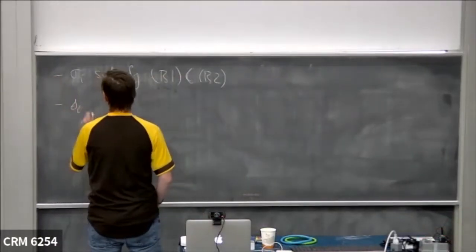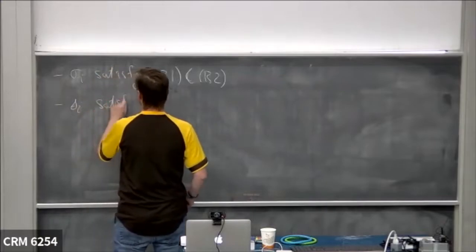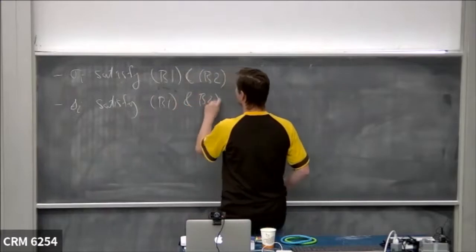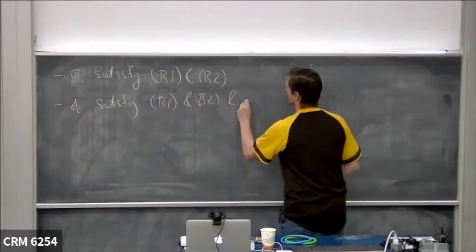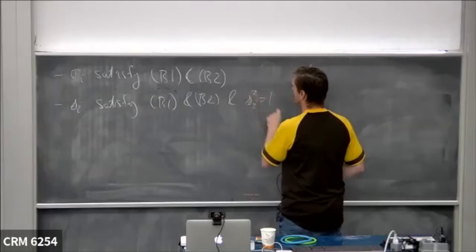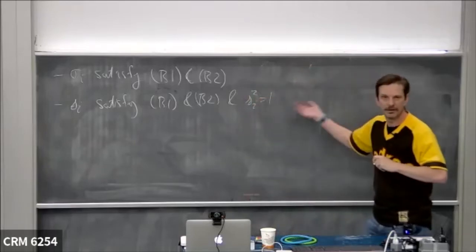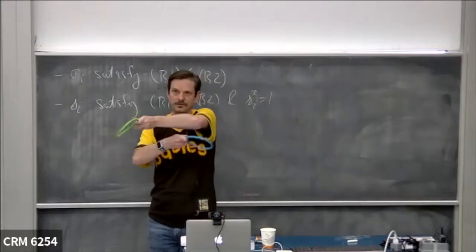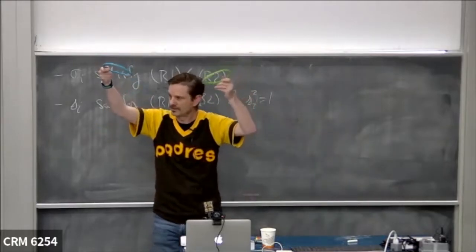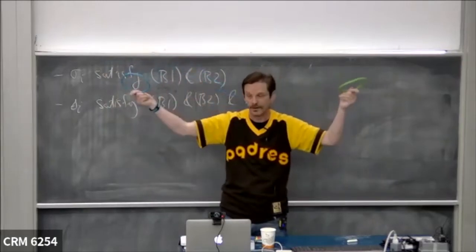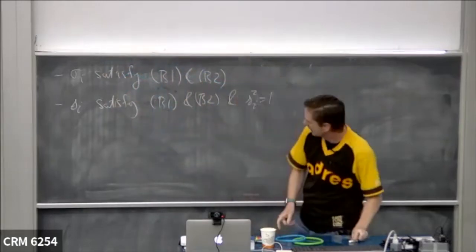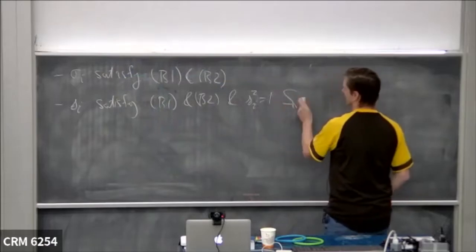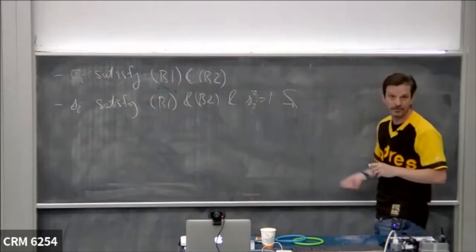The S I satisfy B1 and B2, sort of interesting, and their squares are the identity. The reason is, if you do this twice in 4 dimensions, there's enough room to undo it. And so what is this really? This is S n. It generates a copy of the symmetric group on n letters.